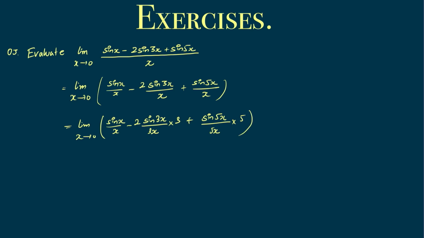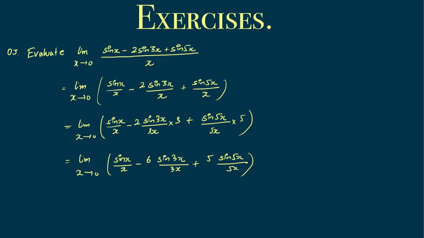Okay, so here it will be limit x tends to 0 sine x by x minus, now here this 2 and this 3 will get multiplied and it will be 2 into 3, 6, sine 3x by 3x plus 5 sine 5x by 5x.